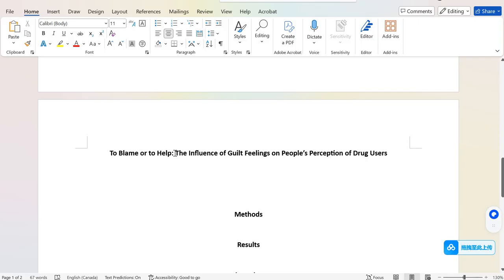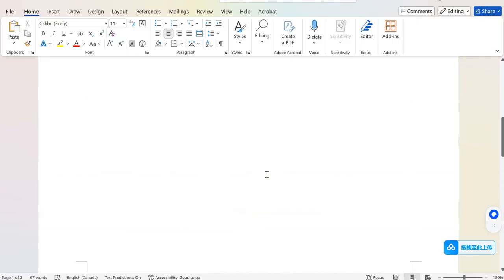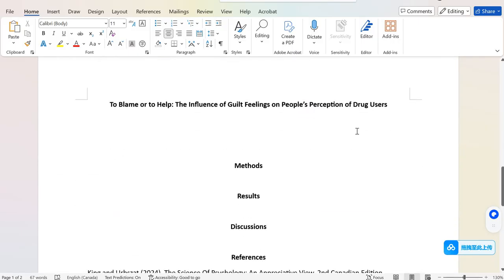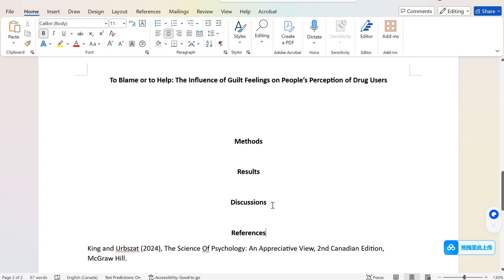The main body would include the introduction. In APA style, we don't use the word introduction. We use the title as a de facto introduction. Then the methods, the results, discussions, references.